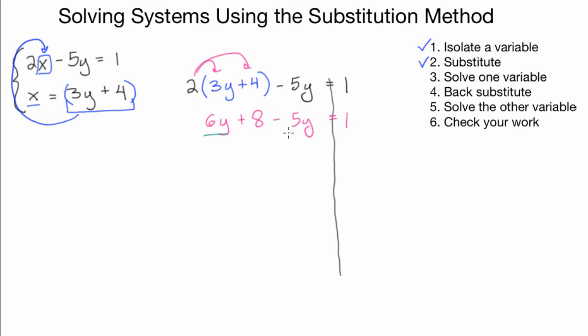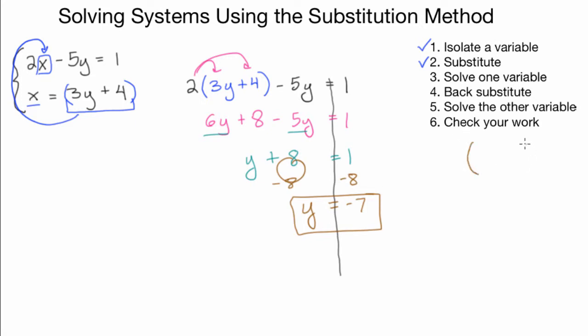I've got 6y and a minus 5y, so those combine to make 1y. 6 minus 5 is 1, so 1y plus 8 equals 1. And now for my last step, I'm going to subtract 8 from both sides. Plus 8 minus 8, those go to 0, and it looks like y is equal to 1 minus 8, which is negative 7.